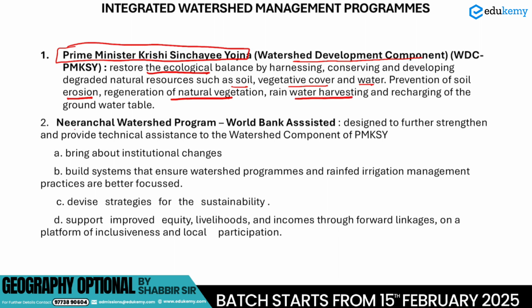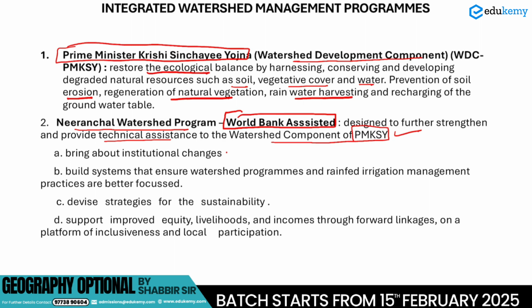And there is also a sub-component, the Neeranchal Watershed Program, which is assisted and funded by the World Bank. This program is designed to provide technical assistance to the watershed component of Pradhan Mantri Krishi Sinchai Yojana.